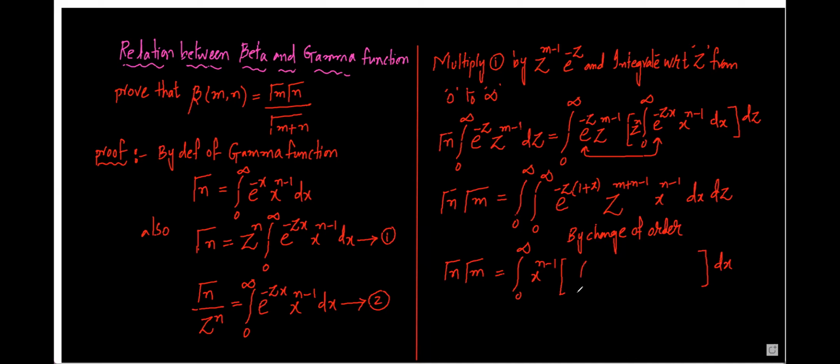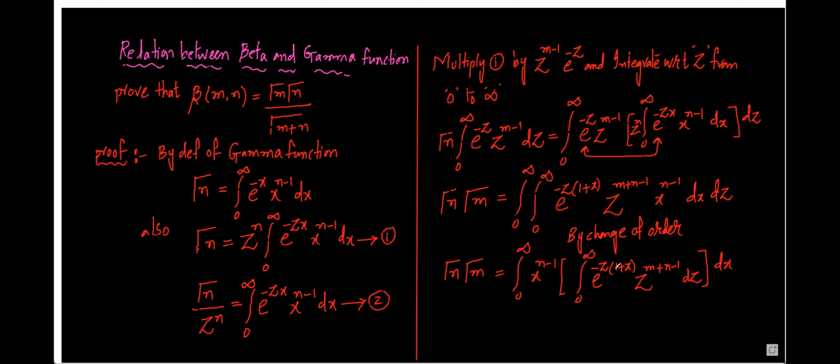So what is left is integral 0 to infinity, e to the power of minus z into (1 plus x), z to the power of m plus n minus 1, into dz. So this is what we did by change of order.